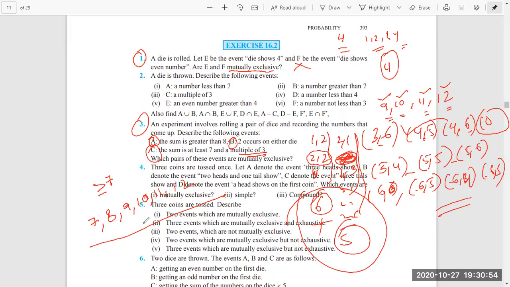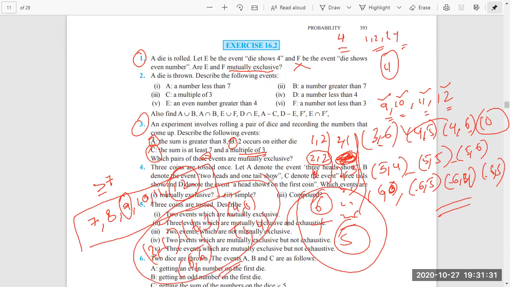The sum should be a multiple of 3, so 9 or 12. Those are 3 comma 6, 6 comma 3, 6 comma 6, 4 comma 5, 5 comma 4. So 5 events. These are the favorable events for this question.